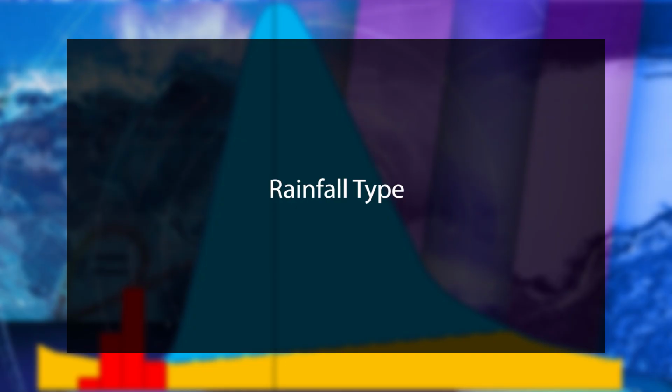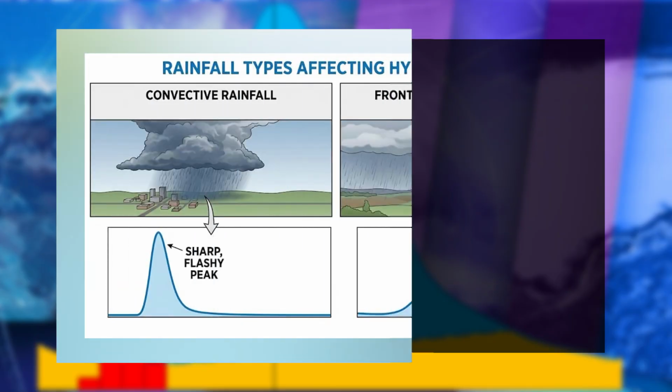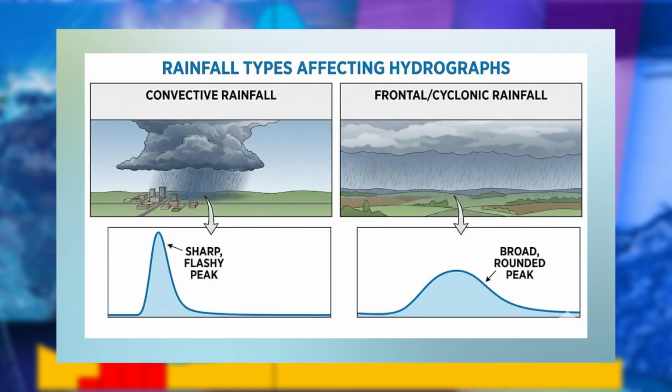The rainfall type also affects the hydrograph. For example, convective storms often produce short but intense rainfall, resulting in sharp hydrograph peaks. On the other hand, frontal or cyclonic rainfall involves prolonged moderate precipitation, causing broad hydrograph peaks.